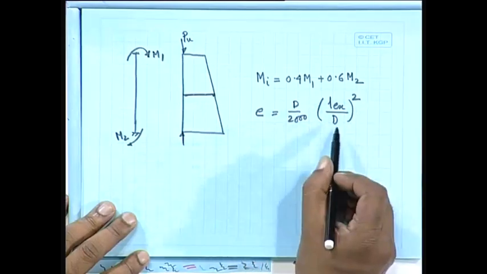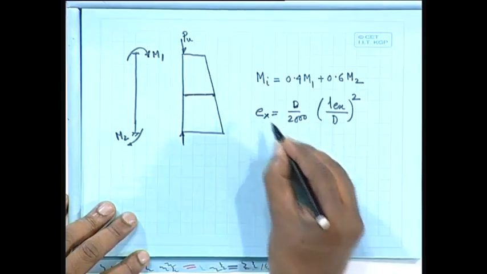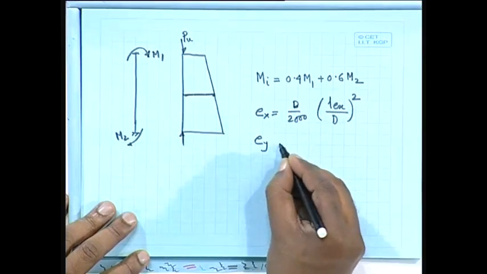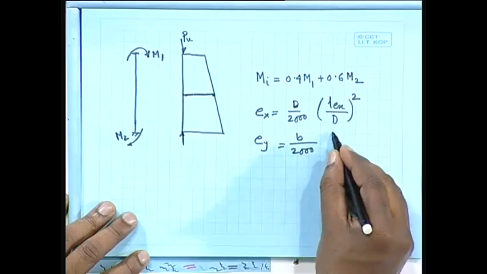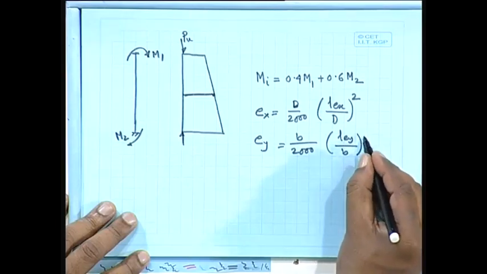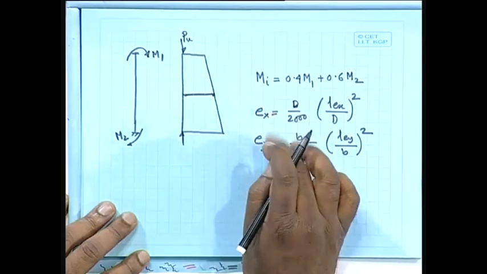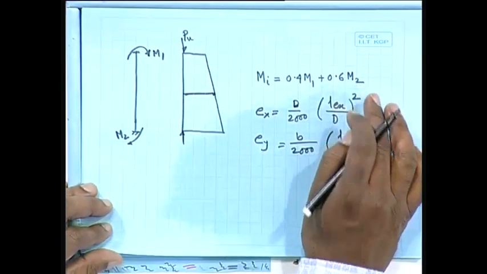So, this I can get, let us say Ex. Similarly, Ey will be equal to b by 2000 multiplied by Ley by b whole square.